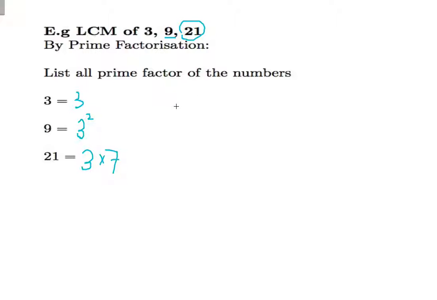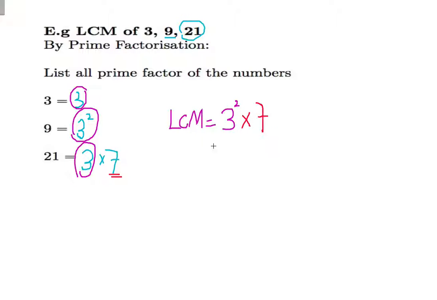The lowest common multiple here: 3 occurred once in 3, twice in 9, and once in 21. We choose the one that occurred the most number of times, which is 3 square. Then 7 only occurred once in 21, so we multiply by 7. What we have here is 9 times 7, which is 63.